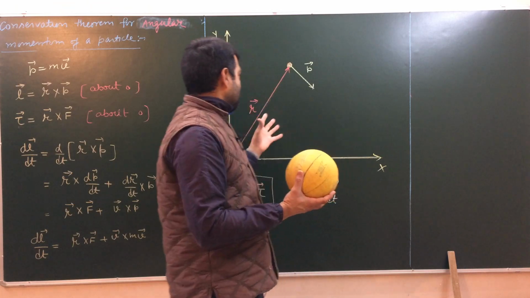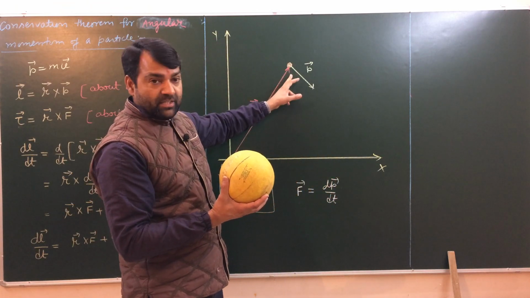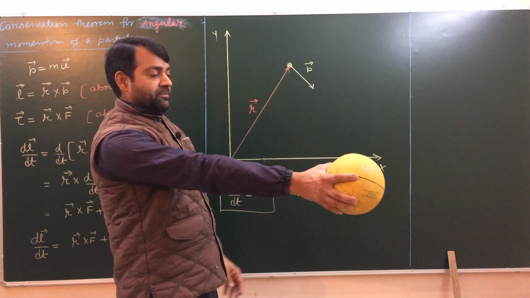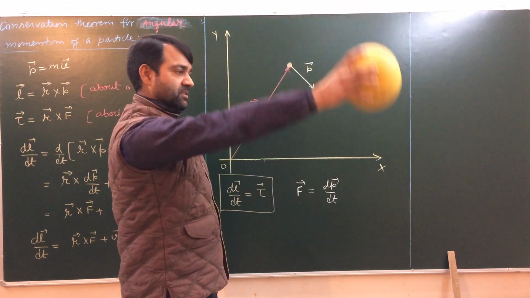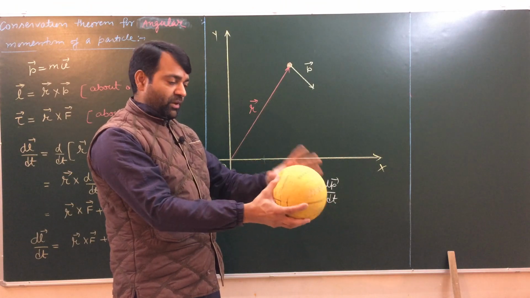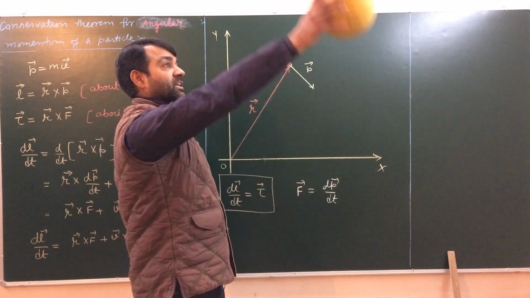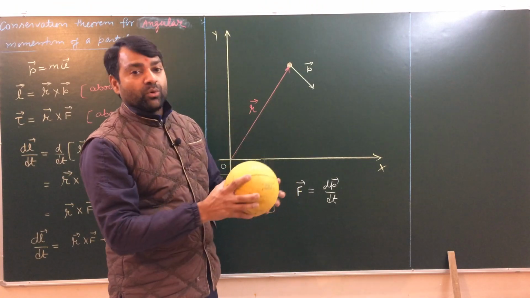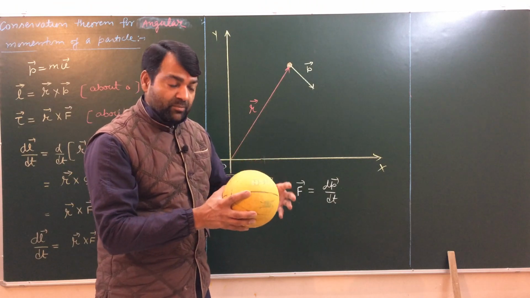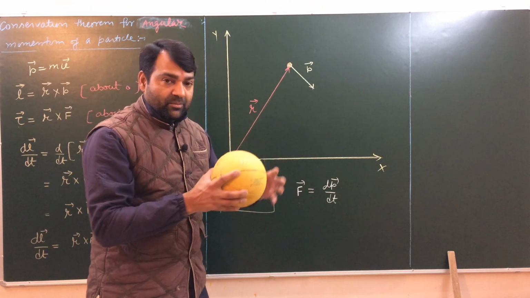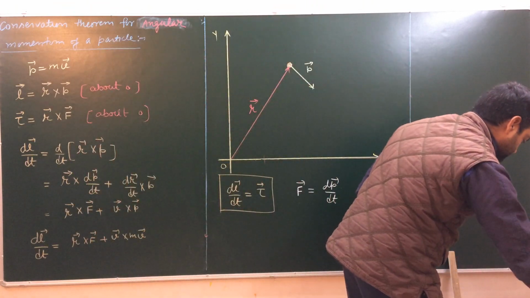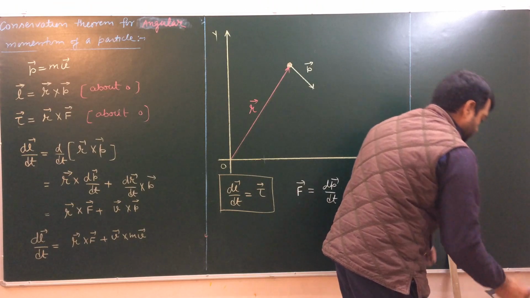Although this is not exactly a point, I can consider this ball a point object rotating in a circular motion. Now I can say I am applying some torque over this. I cannot say it's only force. Force is also there, but in correct terms we have to apply some torque to change the angular state of this point object.